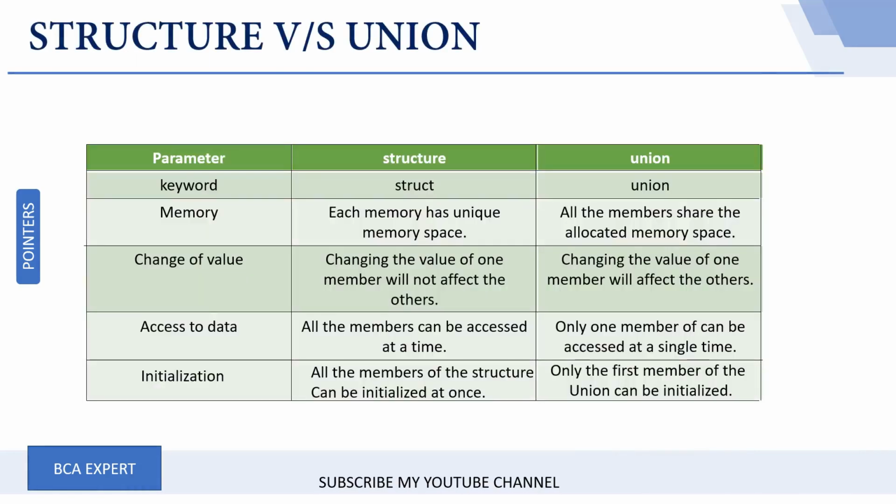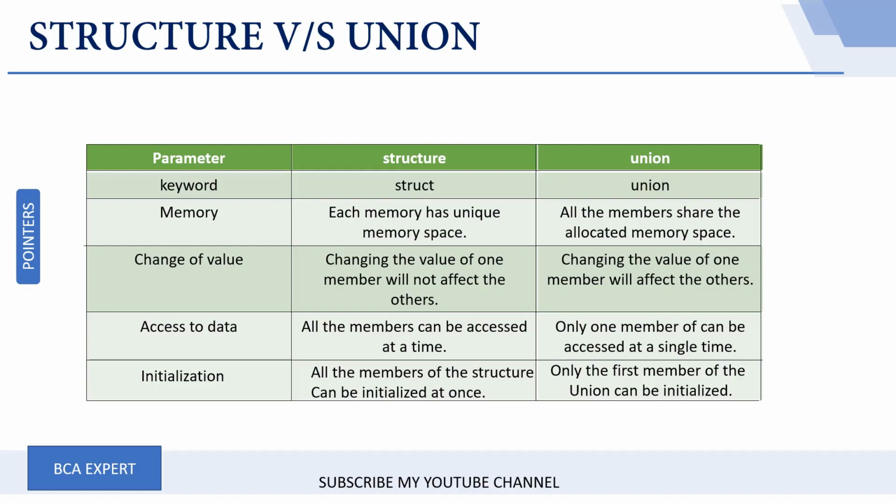The key differences between structure and union are the keyword, memory, change of value, access to the data, and initialization. The keyword to declare a structure is struct, and the keyword to declare a union is union. After that, the memory. In a structure, each member has its own unique memory space.